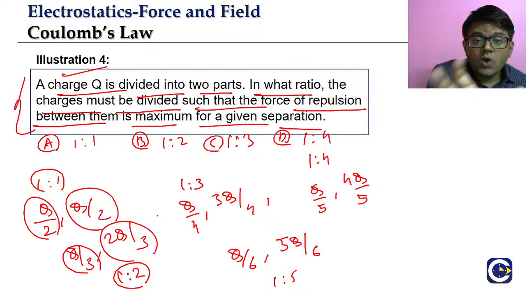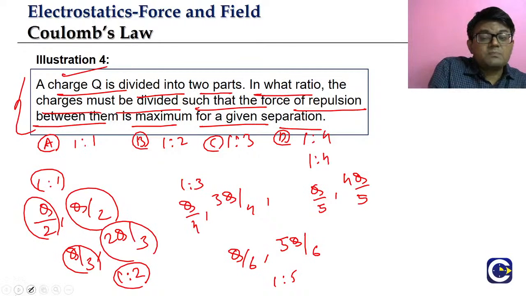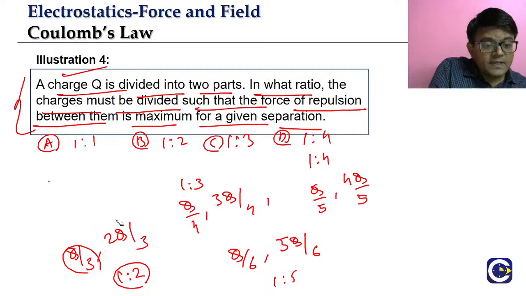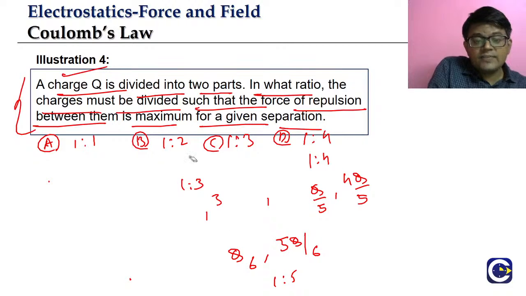Here, what is the question? We need to find in what ratio the charge should be divided such that the force of repulsion between them is maximum for a given separation. Now what it means is that we are fixing the distance between the 2 parts.